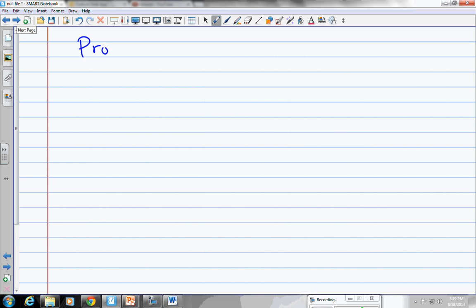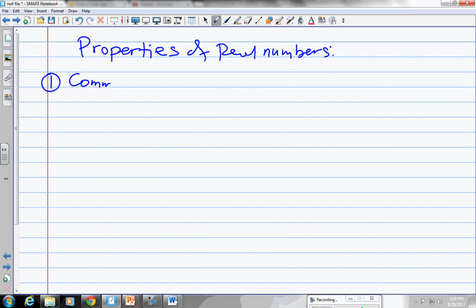properties of real numbers. So, commutative for addition.